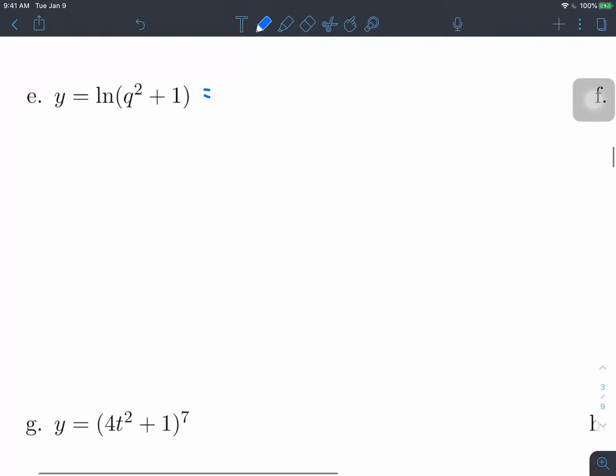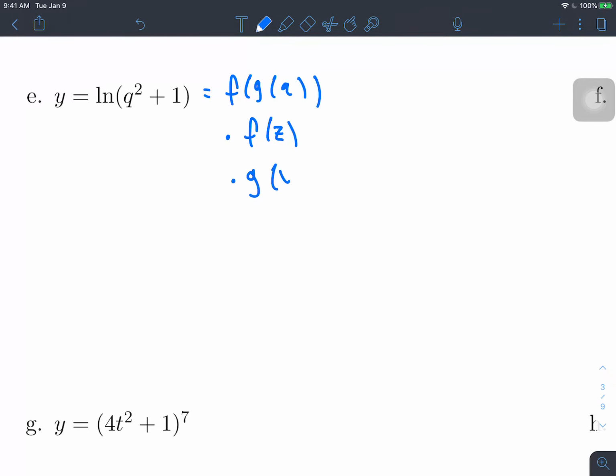So if this is f of g of x, my question for you guys is, what is f of z and what is g of q?